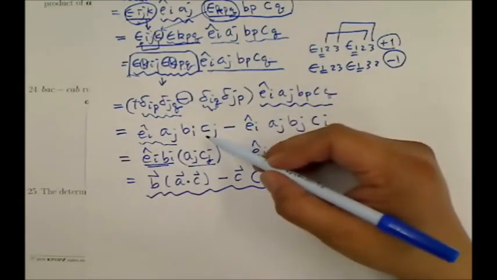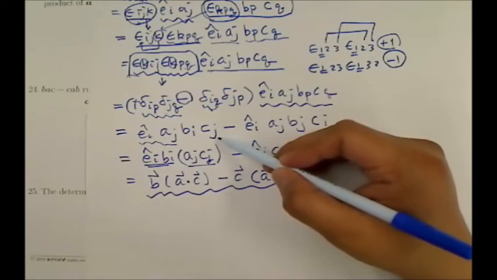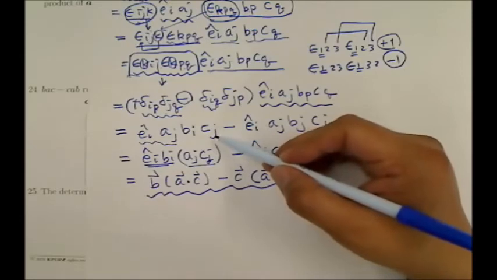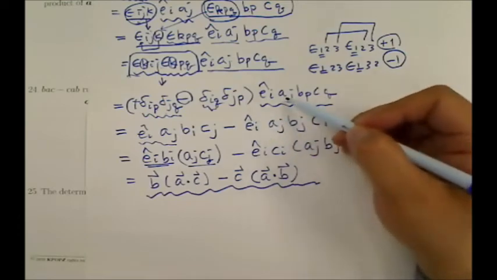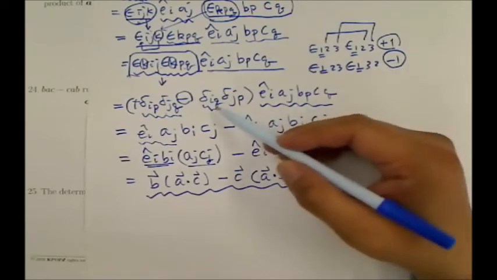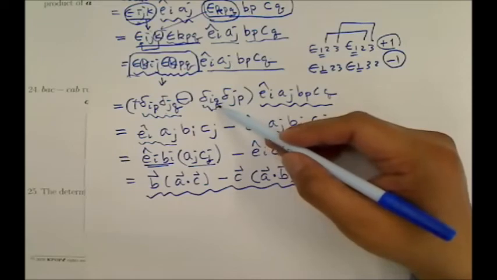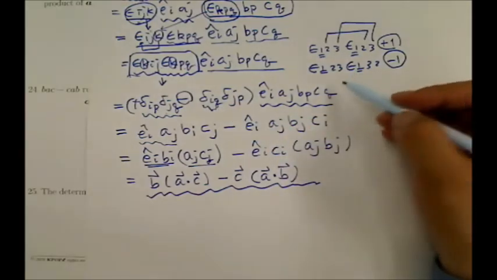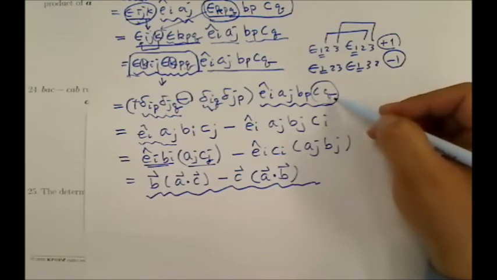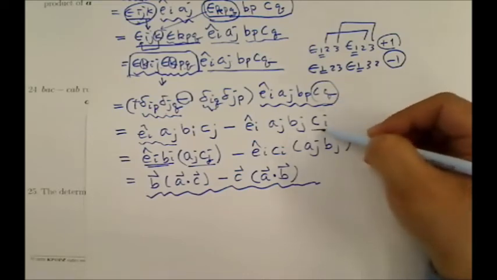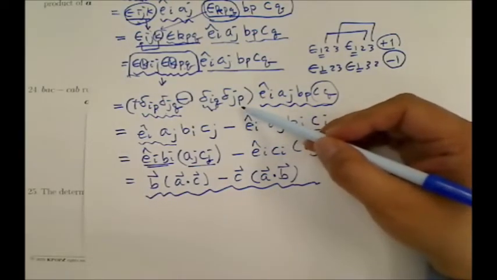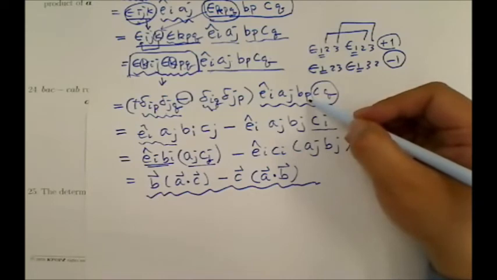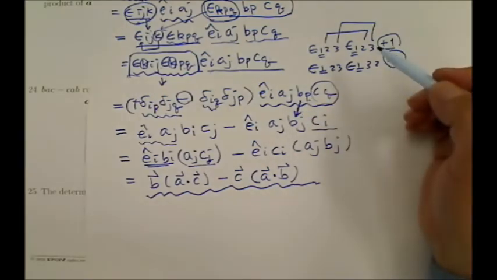So we end up with c_j as the first term. The second term can be calculated in a similar manner. I have a negative sign on it. e_i is copied, a_j is copied, and delta iq replaces the index q with i. This one has an index q, so c_q is replaced with c_i. Then delta jp replaces the index p with the index j. So I have b_j.